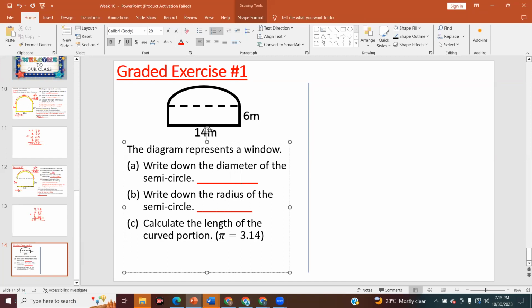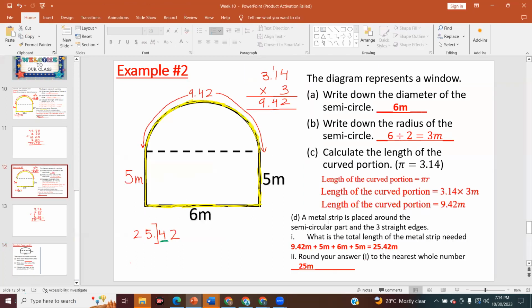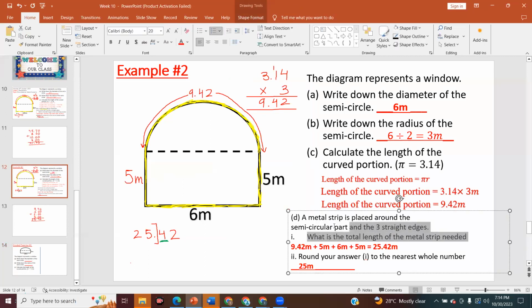All right. So we want the diameter, we want the radius, we want the length of the curved portion. What else do we want? We want the total length of the metal strip needed.